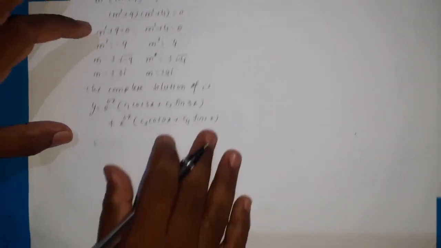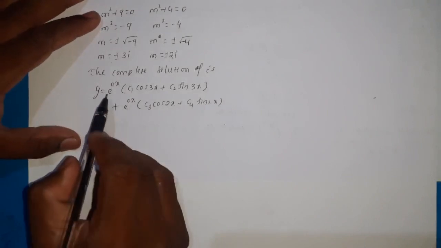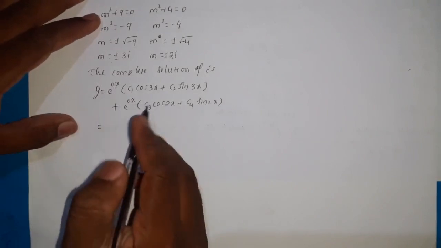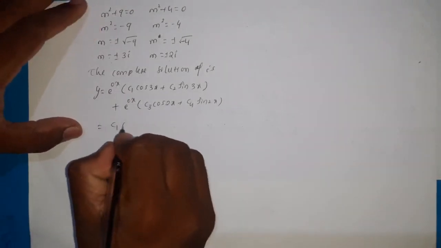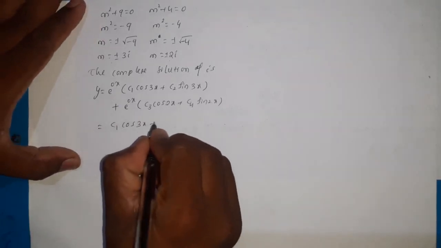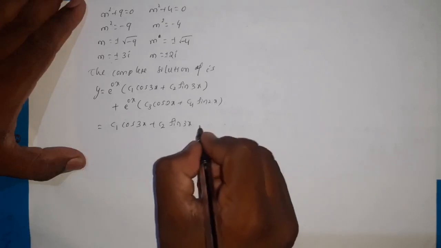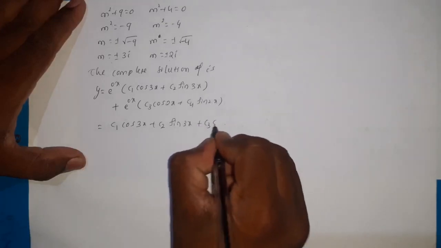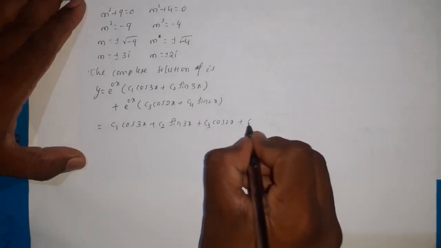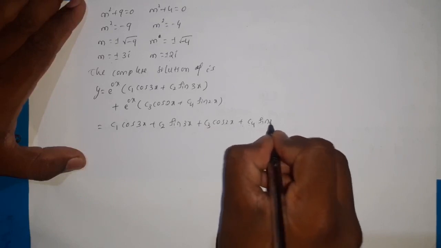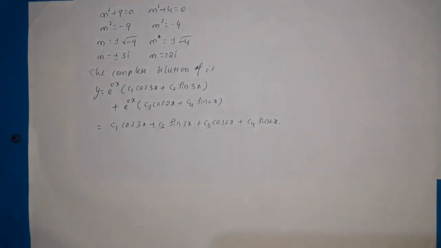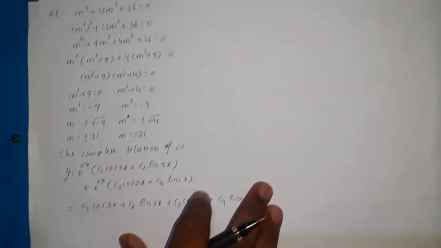Hence, by simplifying, e power 0x equal to 1, so therefore it is c1 cos 3x, c2 sin 3x plus c3 cos 2x plus c4 sin 2x. It is the complete solution of the given differential equation.